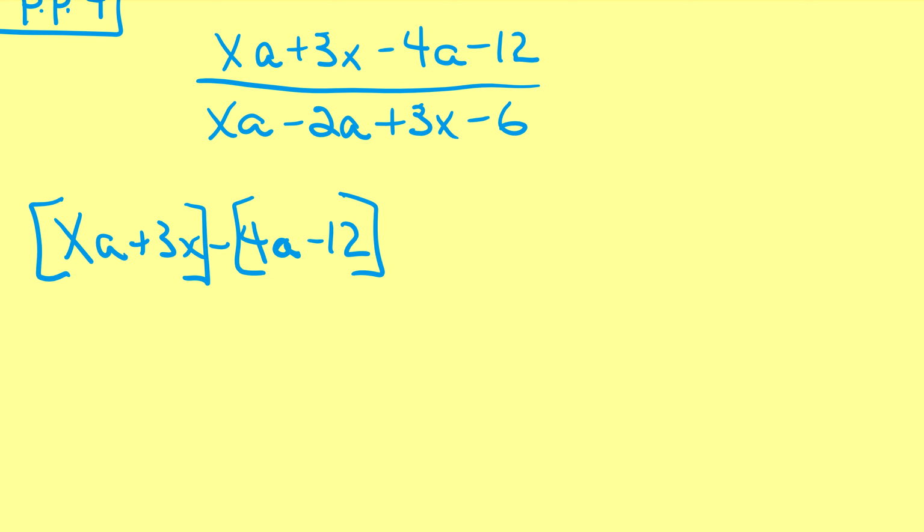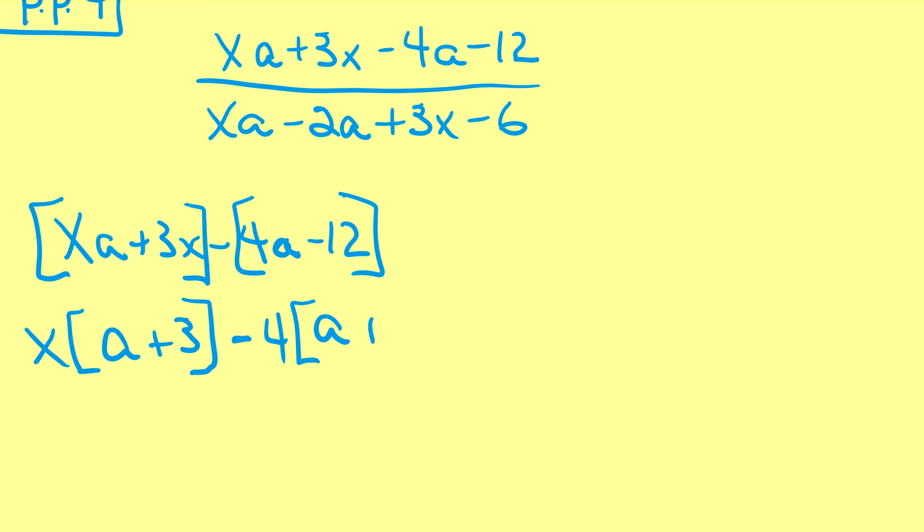The left side here, what can I take out? I can take out an x. If I take out an x, I'm left with xa divided by x is a, plus 3x divided by x is 3. And then the minus sign comes down; I'm just copying it. Now factor the right side here: it's 4a minus 12, I can take out a 4. What's left over is a plus 3, since negative 12 divided by negative 4 is positive 3.